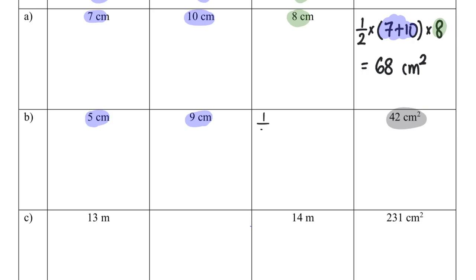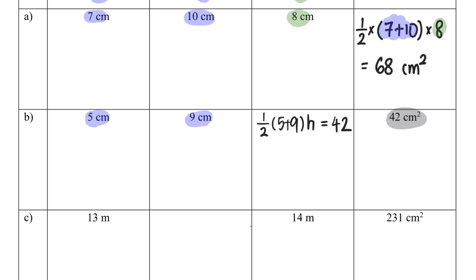So half times 5 plus 9 times my H, which I don't know, is now equal to 42. Okay, so this becomes like an algebra question, solving this equation.